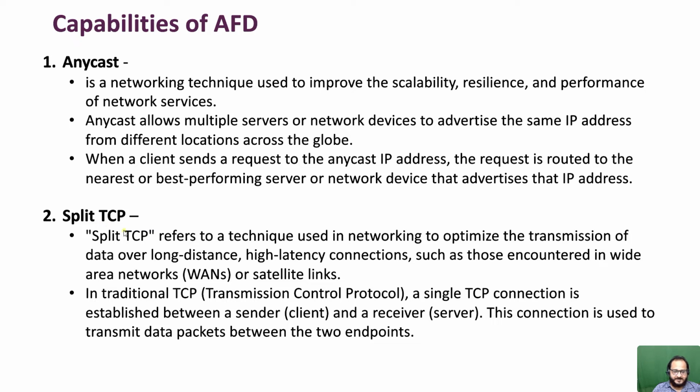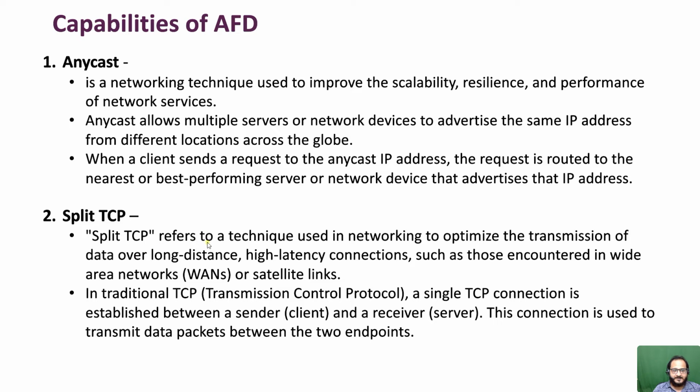Second, we have split TCP. This is a very important term in Azure Front Door in terms of understanding how data travels from front door to backend, front end to backend, and between the points of presence as well.